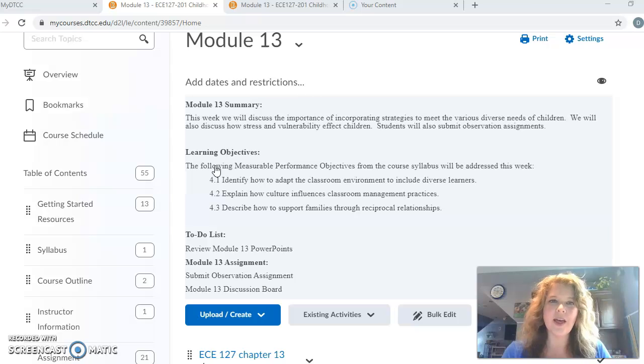So, last week we covered Module 12, which was chapters 11 and 12 in our textbook. So, we talked about how a lot of times, because of children's developmental needs and where they are developmentally, they might not have the problem solving skills or the stamina that we expect them to. And if they have a behavior that we don't necessarily agree with or it's not what we like, we need to address it in a very positive and patient manner where we offer them lots of positive redirection and guidance.